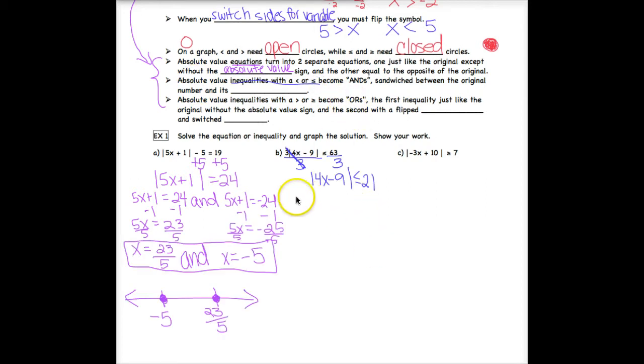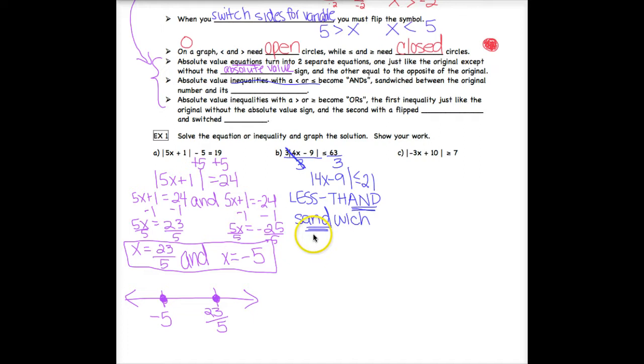The way I like to remember this is I actually say in my head, and yes, I do actually say this in my head. I don't just know everything. I say less than to remind myself that this is an "and," they become a sandwich.